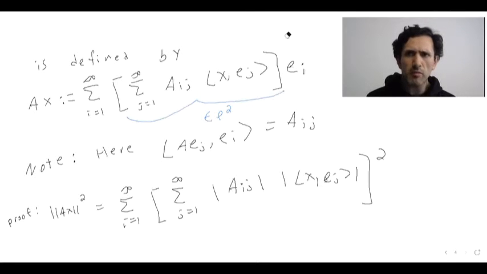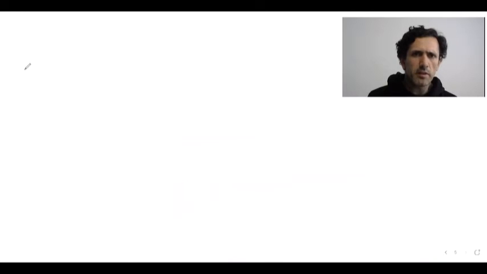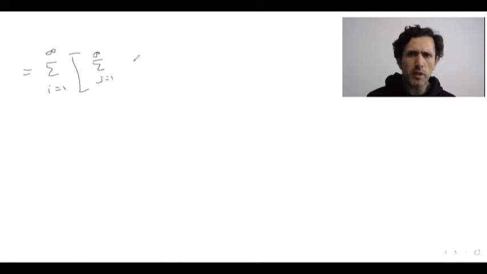All right, so let me multiply and divide by something convenient. I'm going to put the x ej first.